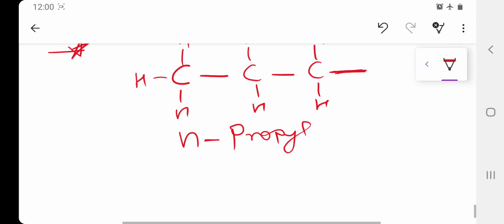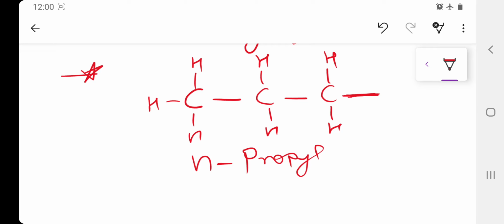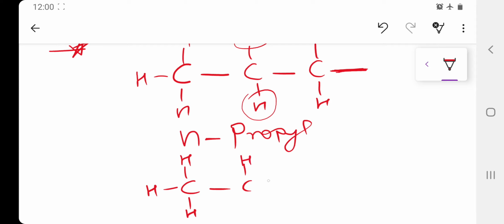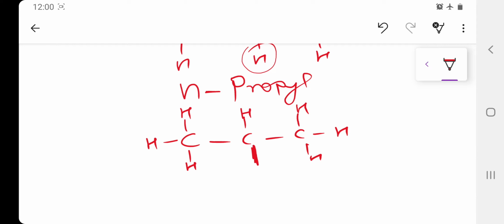And if I consider another structure, I have to remove the hydrogen from the middle carbon, then it will be the isopropyl group. With H H H, then H H H H, this one attached to something, an empty bond. This kind of group is called the isopropyl group.